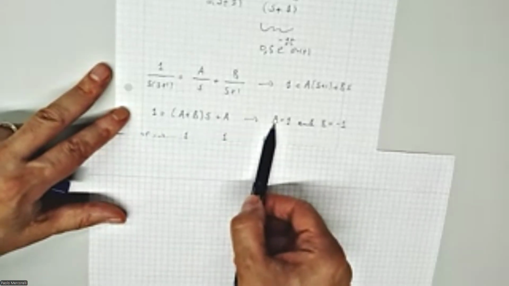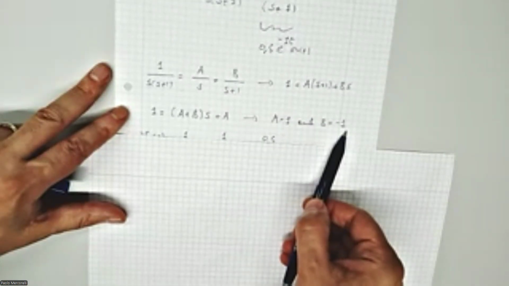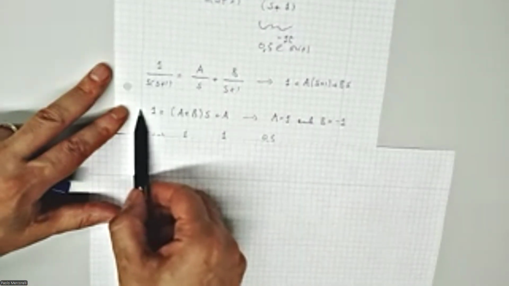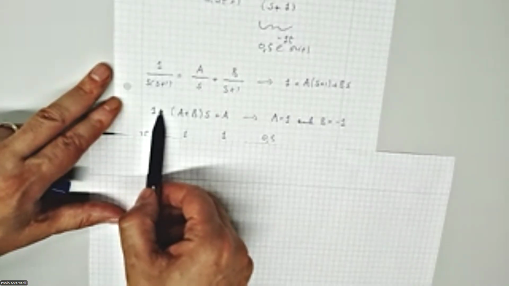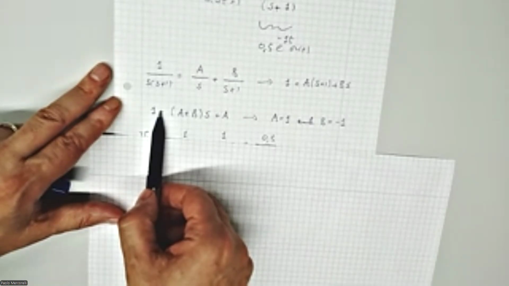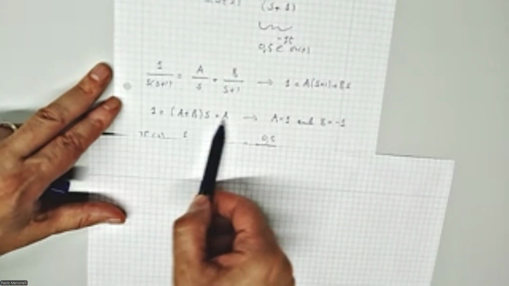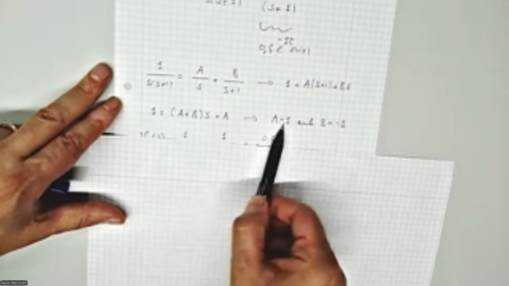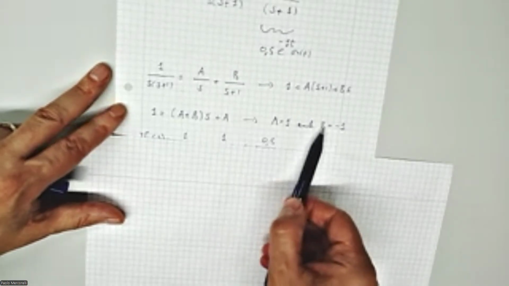It is enough to put A equal 1 and B equal minus 1. Why that? Because the component of S on the left part is multiplied by 0. I can write here 1 plus 0 multiplied by S. This means this must be 0, and A must be 1. This means A equal 1, and A plus B equals 0 implies B equals minus 1.